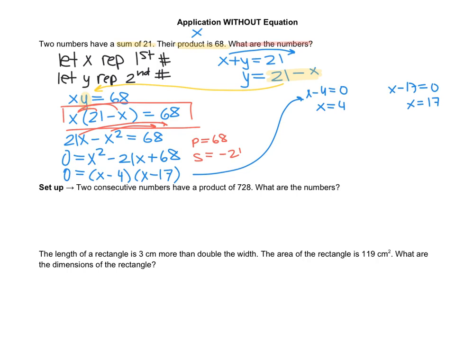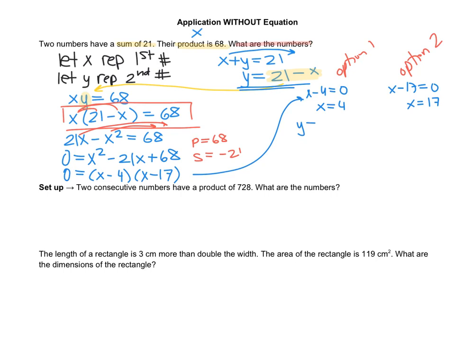These are different options. Sometimes with these quadratic equations, because you solve for two intercepts, you might have two different options for the same scenario. So option 1 is that your first number is 4. To figure out my second number, I go into the y equals 21 minus x equation.